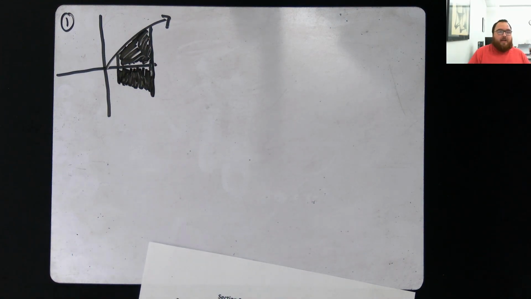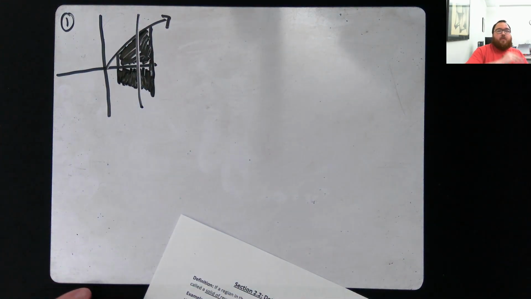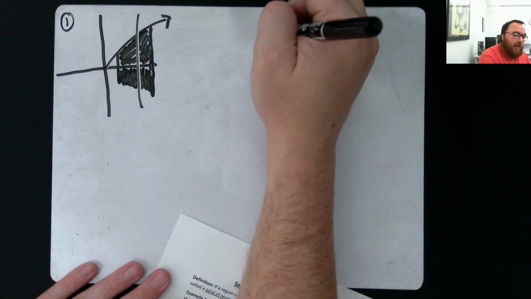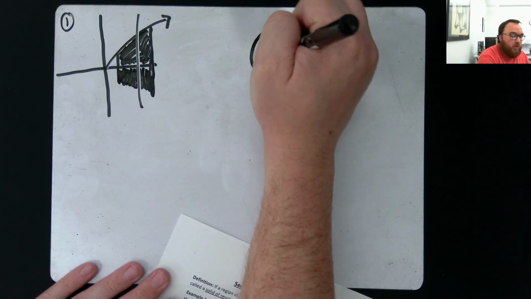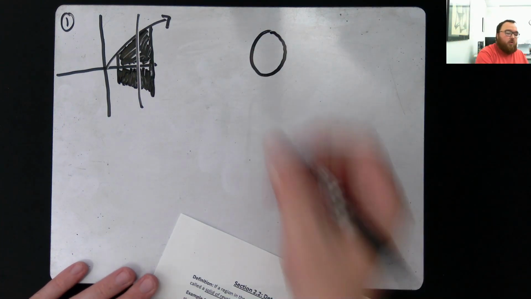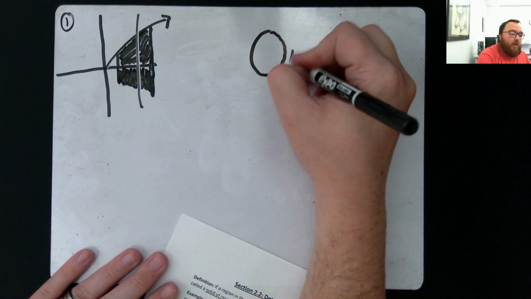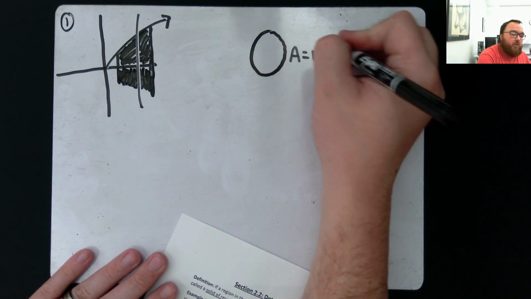By that, what I mean is I'm going to slice it. I'm going to take a slice right here. If I sliced it and looked at that slice, the shape is going to be a circle. And I know that because I rotated it, right? So it's like a round shape. So again, the area of this is just pi r squared.